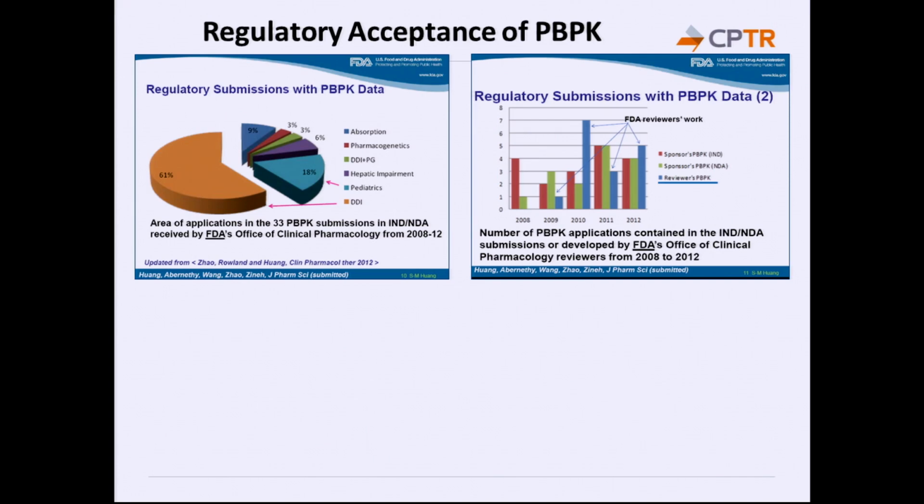But behind that, also looking at modeling the pharmacokinetics in pediatric populations and a variety of other applications as well. The panel on the right-hand side is just showing that as well as taking models that were being submitted by sponsors, the FDA were also themselves looking at developing PBPK models.